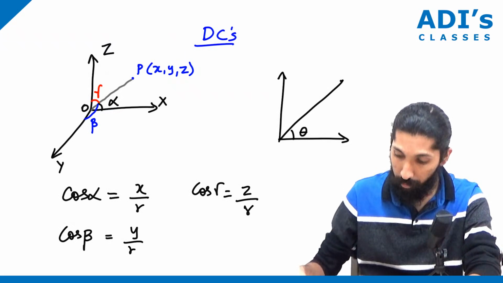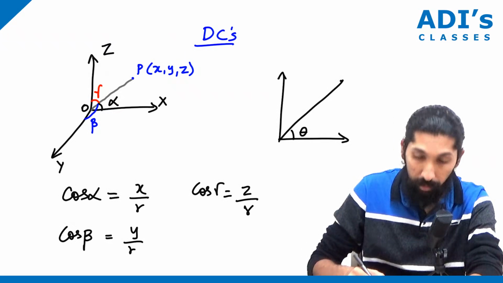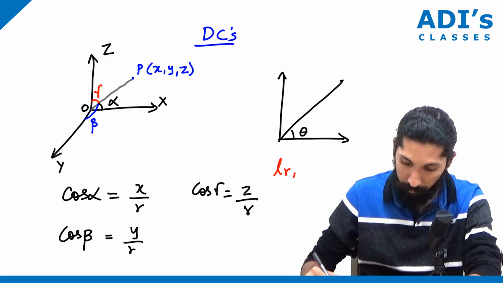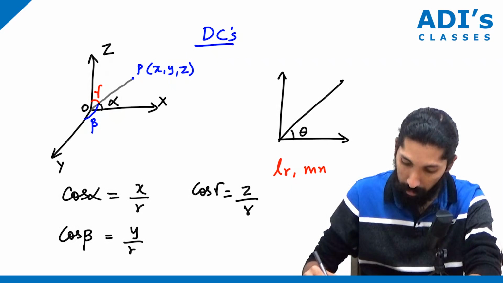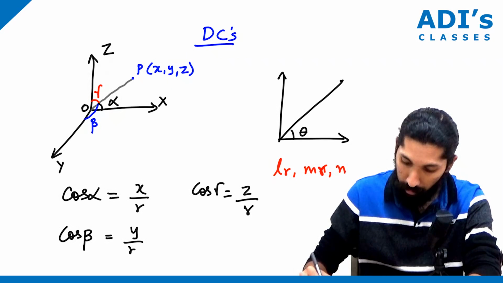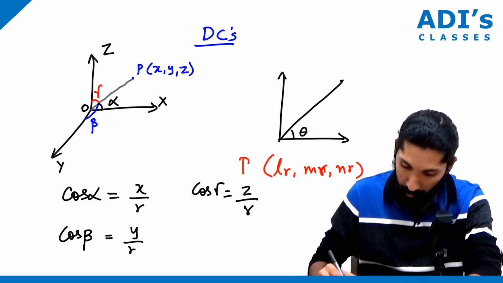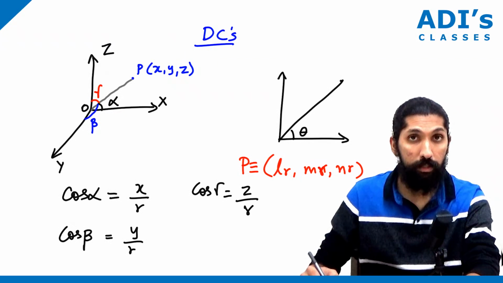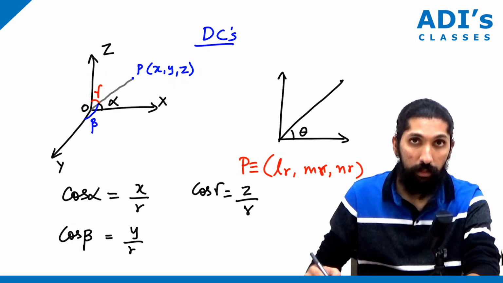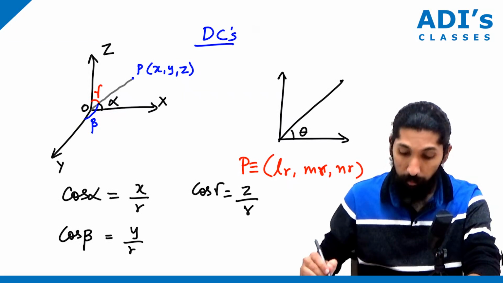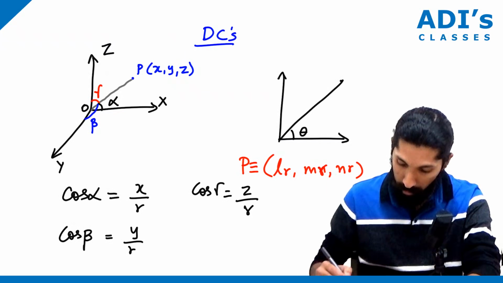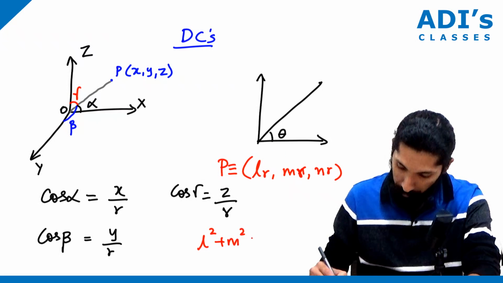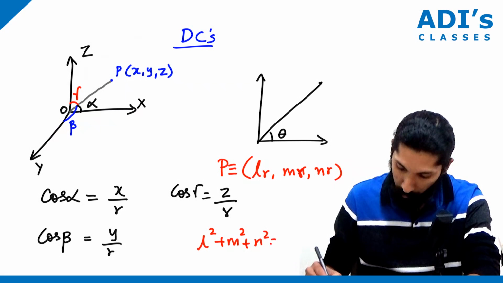We can write this point P as (l r, m r, n r). So the same point P can also be written this way, where l, m, n are the direction cosines. Fine. From this, we have one more very important relation: l squared plus m squared plus n squared is equal to 1.